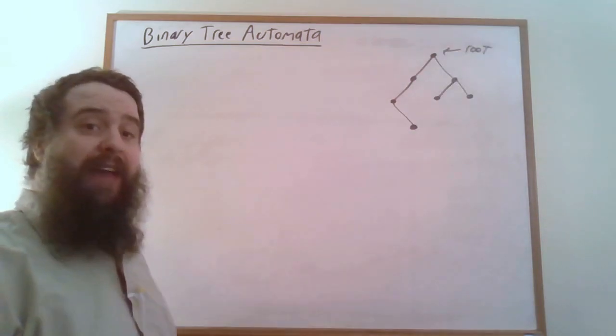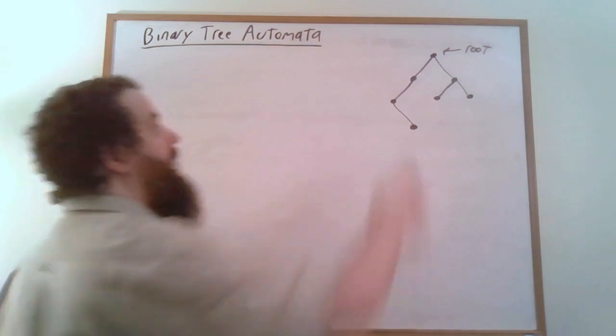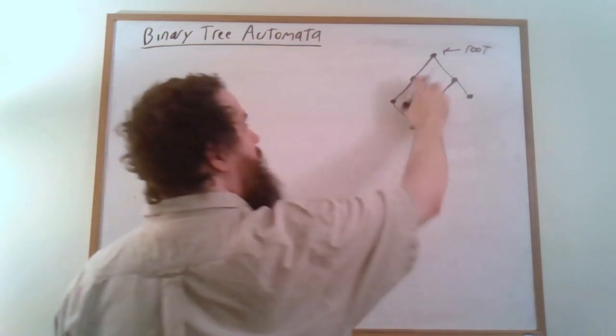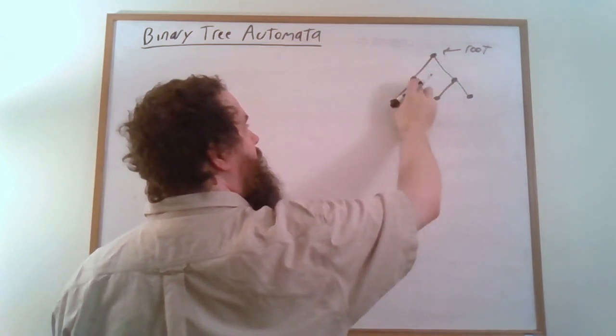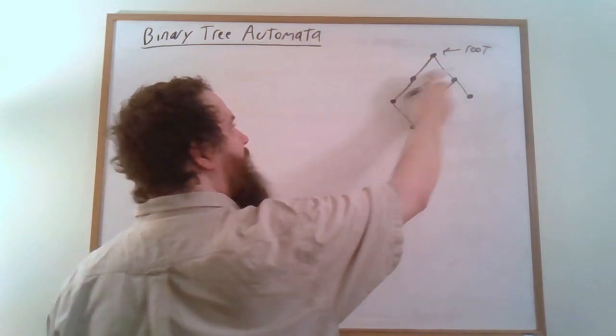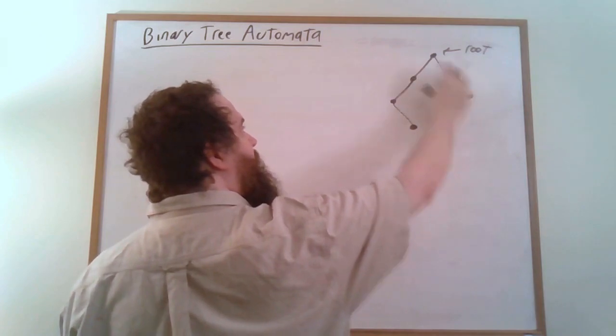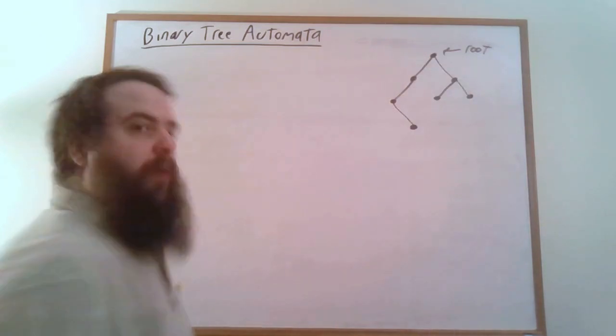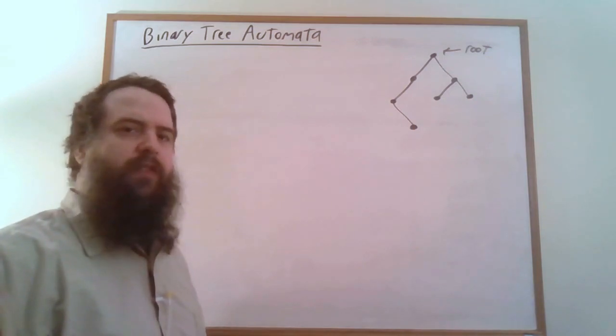Each node can, but doesn't have to, have a left child and a right child. So the node that's immediately below another node to the left is called the left child, and the node that's immediately below a node to the right is called the right child. And we make a strong distinction between these two.